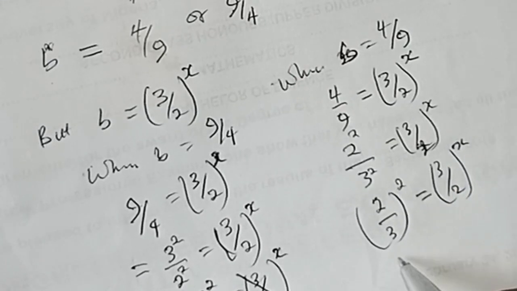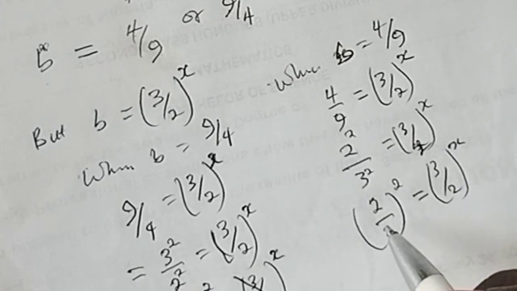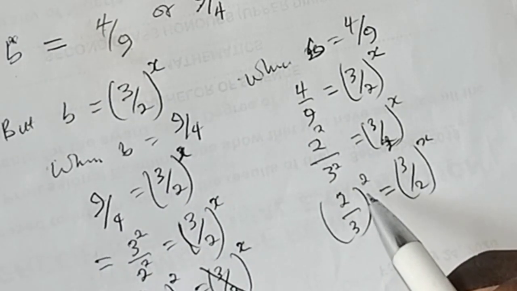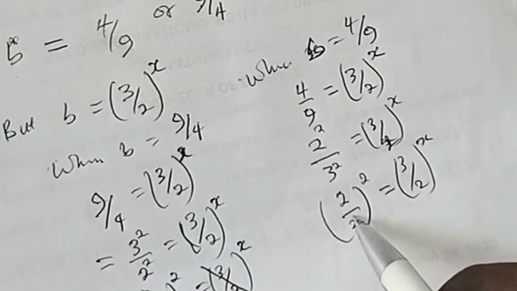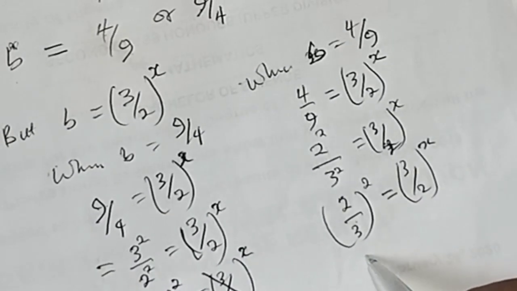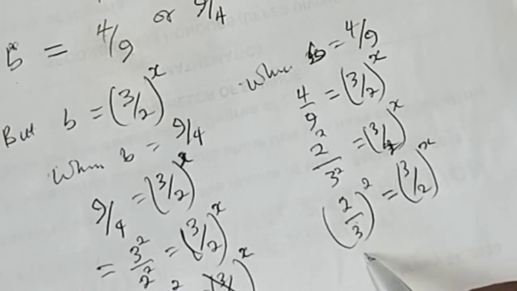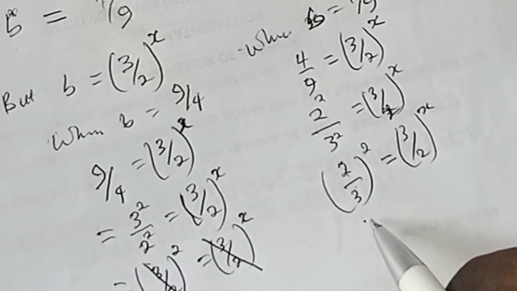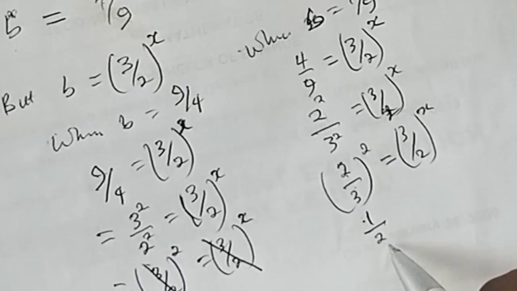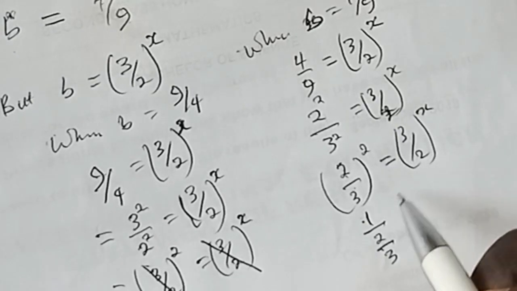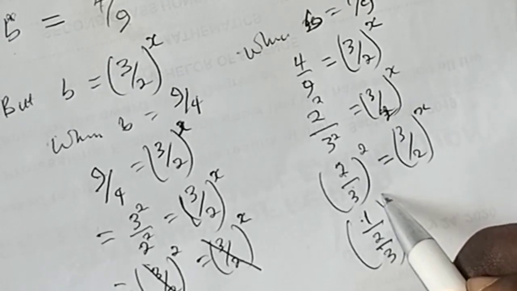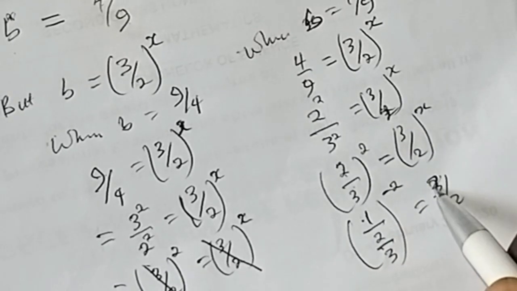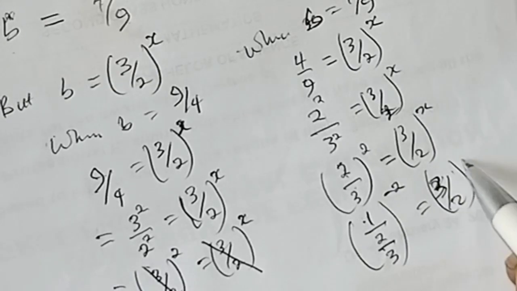So what we are going to do is take the reciprocal of this. Taking the reciprocal is actually 1 over this fraction, which is 1 over 2 divided by 3, all raised to power minus 2, is equal to 3 over 2 all raised to power x.